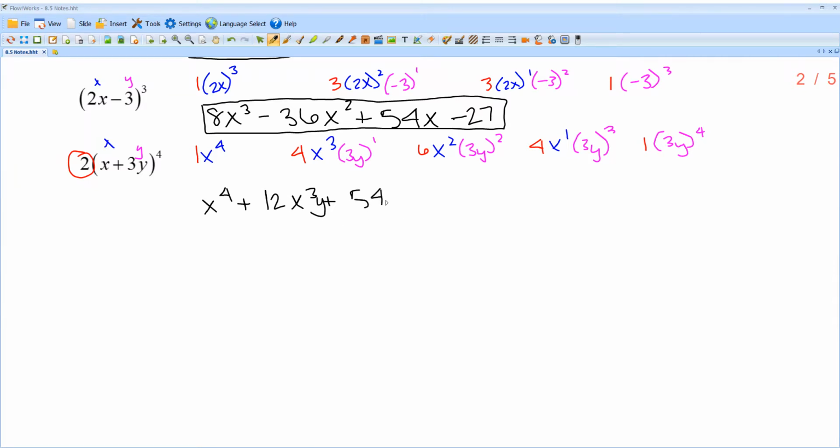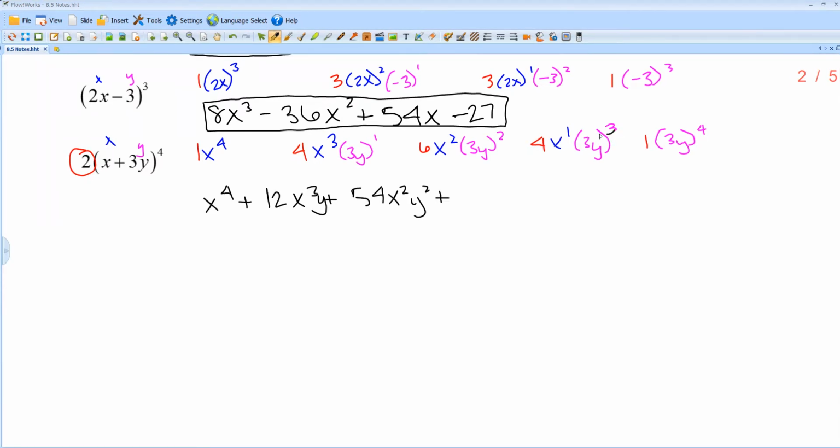Nobody stopped me. x squared, y squared. So our x was squared and our y was squared. Plus 3, this is cubed. It doesn't look like it. 3 cubed is 27. Times 4 is 108. x, y cubed. Plus, and then 3 to the fourth power, which is going to give me 81, y to the fourth.